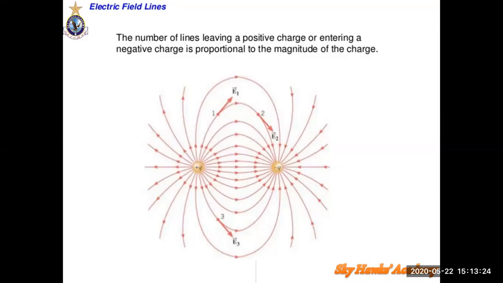So the number of lines is directly proportional to the source charge. Source charge means either a positively charged body or a negatively charged body. So the quantity of charge will determine the quantity of the electric field lines.